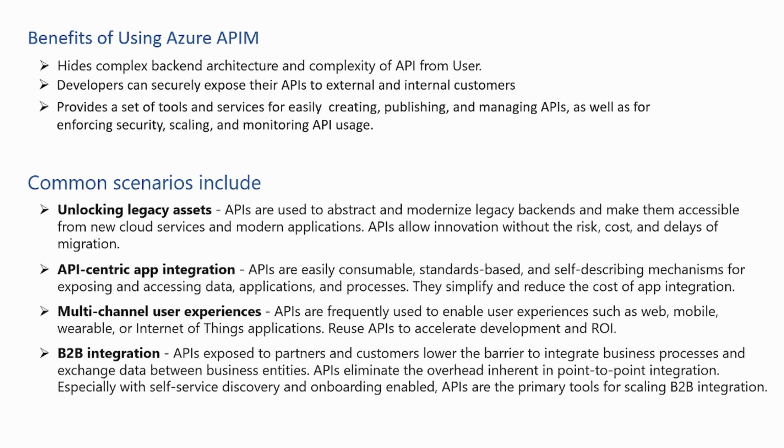Let's look at the benefits of Azure APIM. Mainly, Azure APIM hides the complex backend architecture of the APIs. APIs can be developed in any language, such as C Sharp, Java, JavaScript, and Python. To hide the complexity of that API, APIM comes in handy. Developers can securely expose their APIs to external and internal customers.